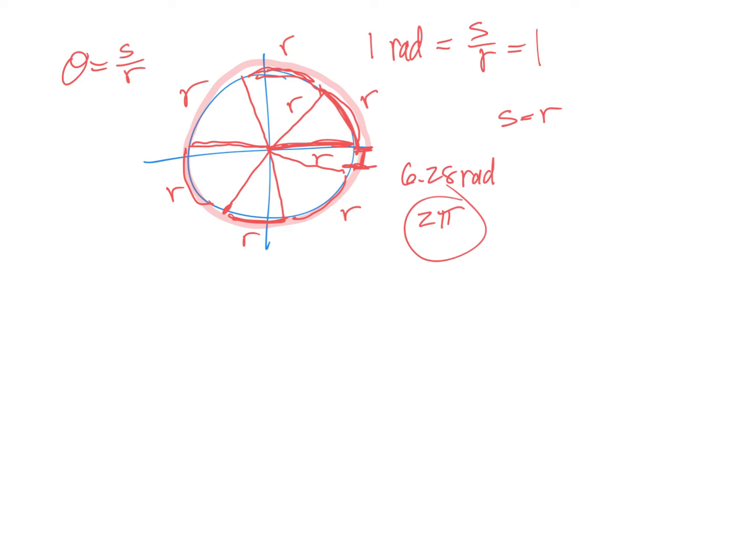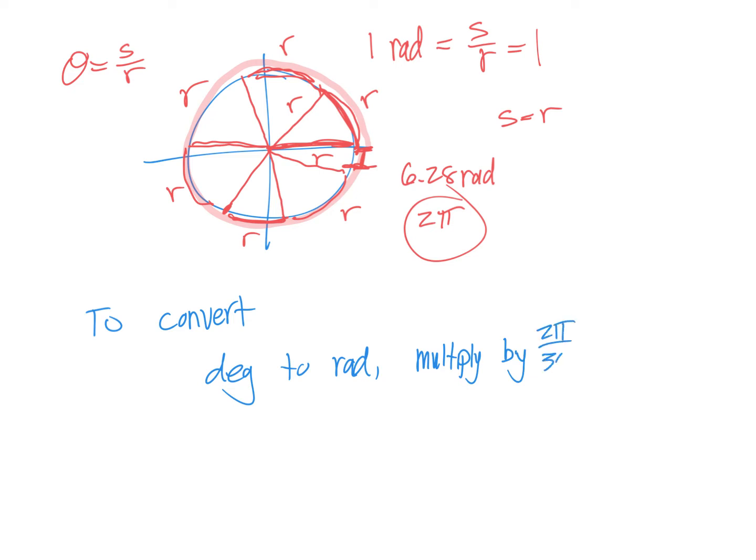So to convert from degrees to radians, multiply by 2 pi over 360, or pi over 180. I always think about a full circle as 2 pi radians, or 360 degrees.